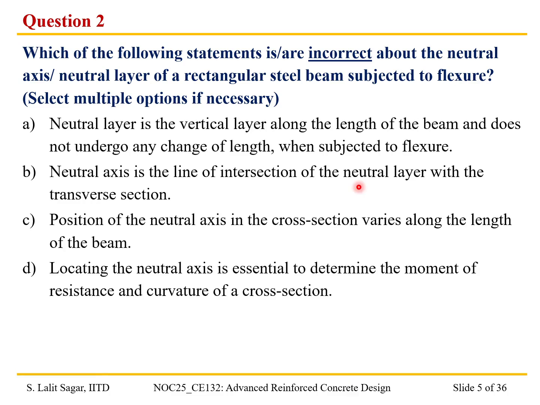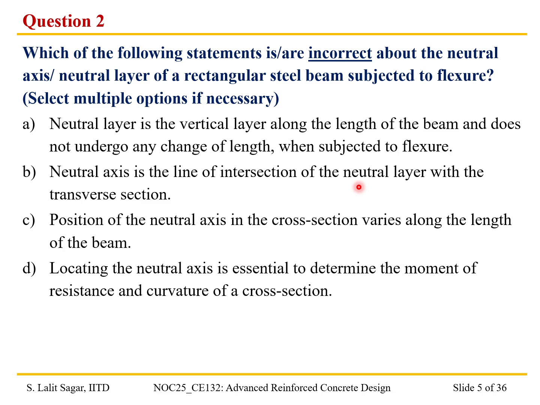Neutral layer is a vertical layer along the length of the beam and does not undergo any change of length when subjected to flexure. Second option is neutral axis is the line of intersection of the neutral layer with the transverse section.